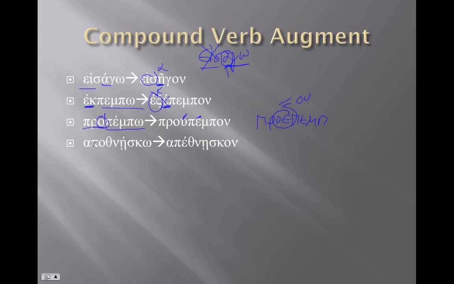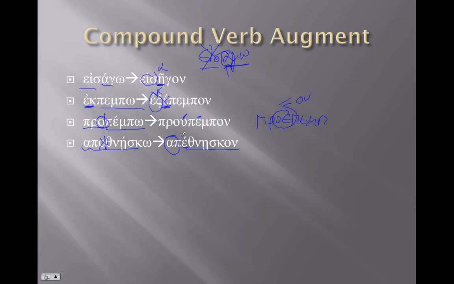Now if we have a two-syllable prefix, like apo here, apothnesko, to die, we're going to augment again the stem, but we're going to elide the omicron. So apethneskon. We've augmented the verb stem, and we've elided the omicron.